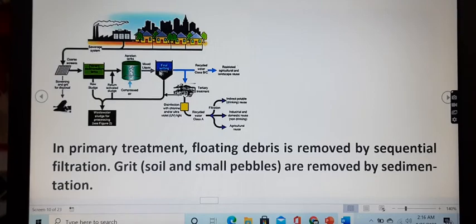Then the mixed liquor goes to the final settling tanks. So the water after sedimentation is again sent, reused as activated sludge, and again passes into aeration tanks. In the aeration tanks, compressed air is sent and the mixed liquor passes into the next, the final settling tanks.